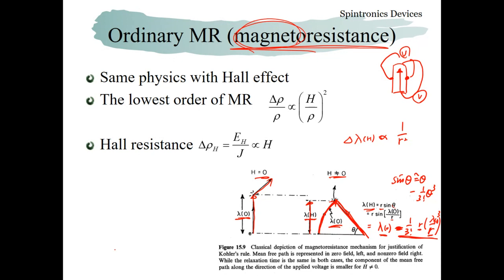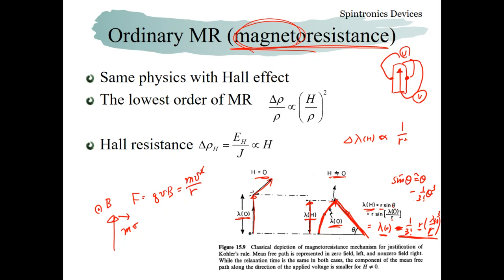So if we have an electron in a magnetic field, then the Lorentz force is in this direction. They act as a centrifugal force in this relation.